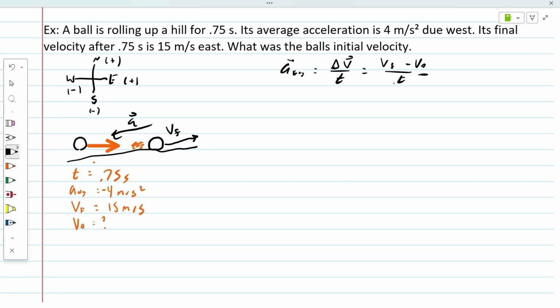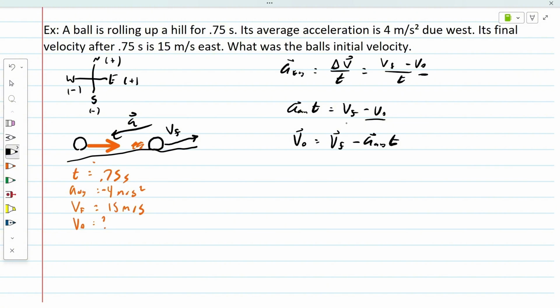So we multiply the t to the other side to get the average acceleration times time equals v final minus v initial. We want to solve for v initial, so we add it here and subtract the acceleration times time to get v initial equals v final minus average acceleration times time. And really all these are vectors as well.